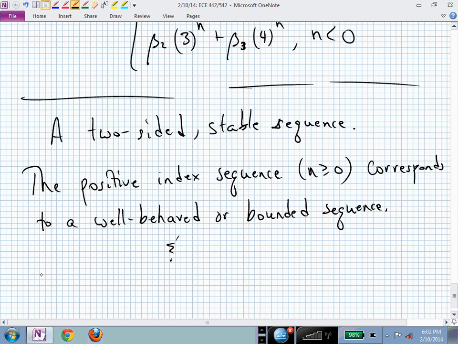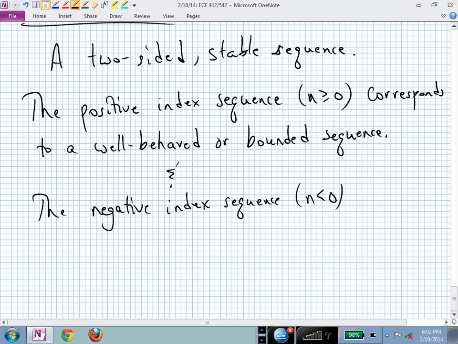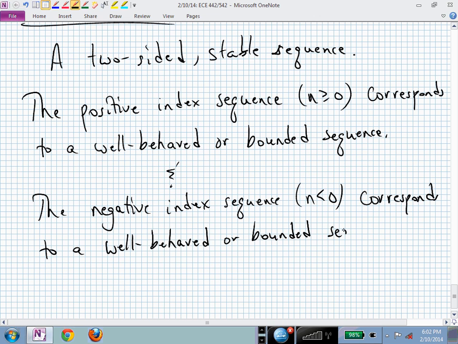And the negative index sequence, for n negative, it too corresponds to a well-behaved or bounded sequence.